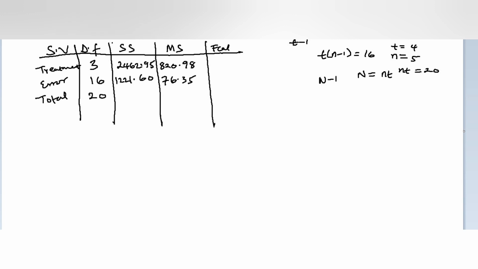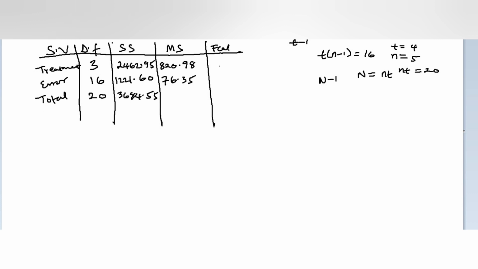And under SS total, you can decide to add this and this, or you can also check what you had there when we calculated. Our SS total is nothing but equal to 3684.55. So this is our SS total, and that's what we have.